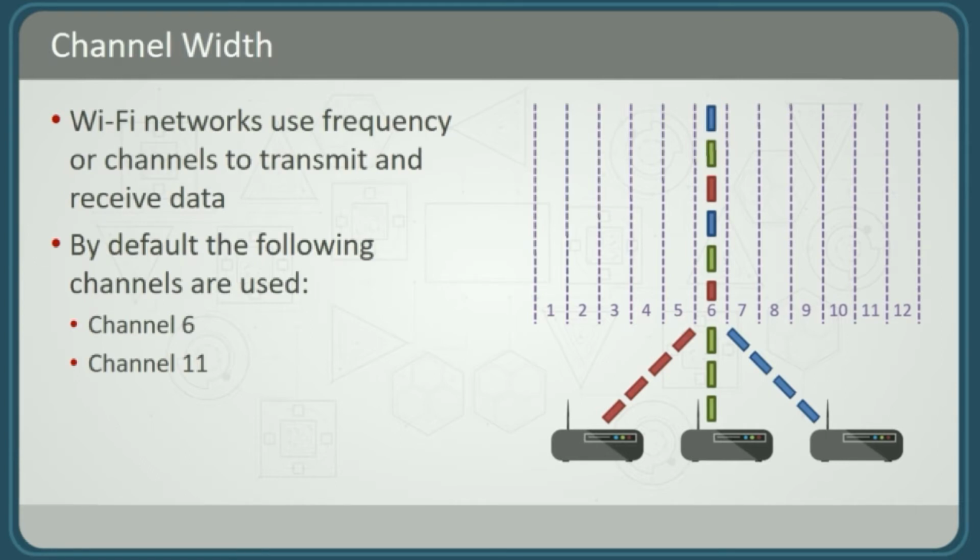The core frequencies themselves of 2.4 gigahertz and 5 gigahertz, recall from earlier, are not exactly those values. The 2.4 gigahertz specification actually ranges from 2.4 up to close to 2.5. It actually caps out around 2.78 or something along those lines. I can't remember exactly, but the point is there is a variance.